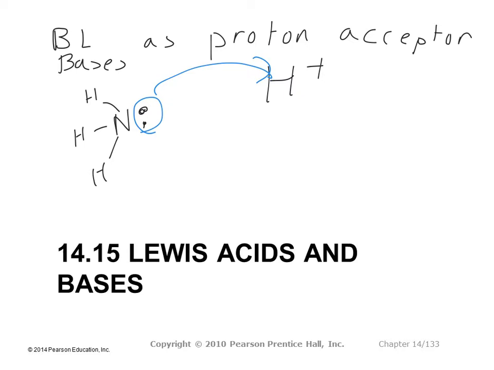What the Lewis definition of acids and bases does is it takes the definitions of acids and bases from the electron viewpoint as opposed to the proton viewpoint. It defines a base not as a proton acceptor, but as an electron pair donor.